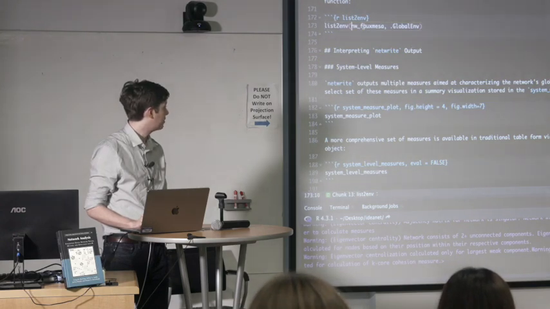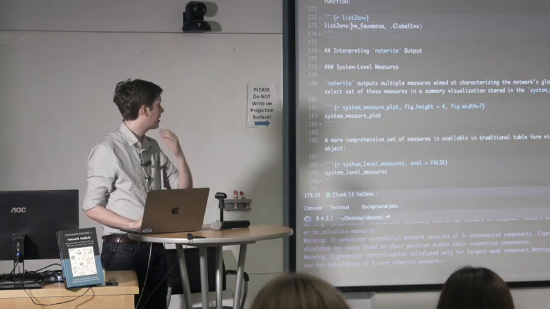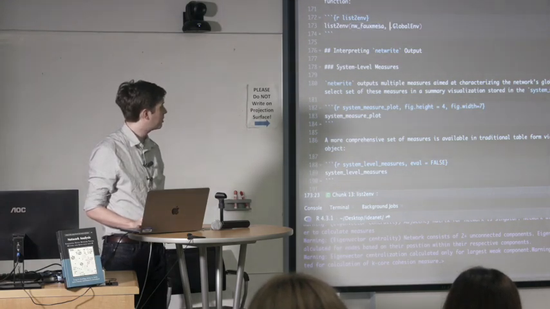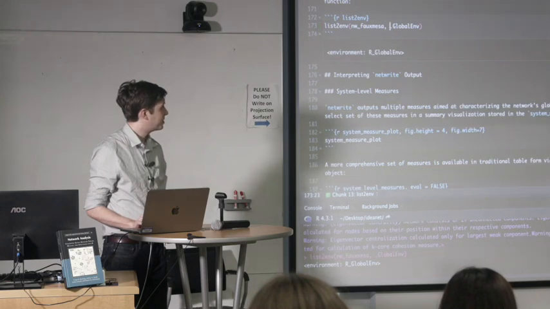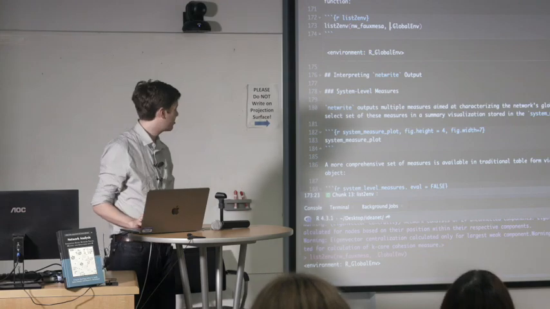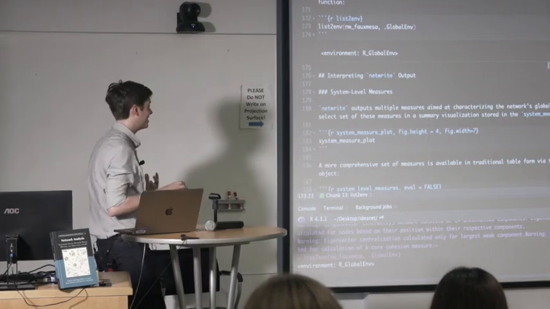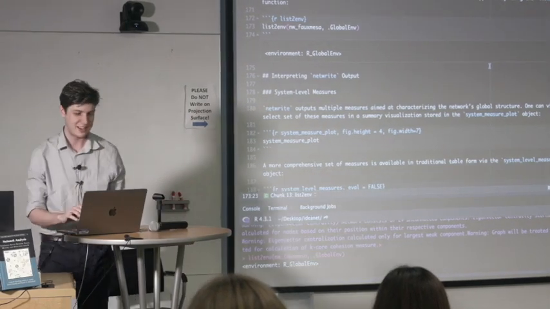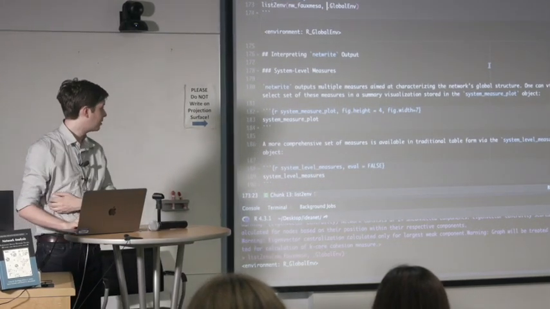In this case, we've called it NW for NetWrite and Faux Mesa, which is the high school network. And we're going to just split this up into the global environment. And so we can see the number of objects in our environment grew quite a bit. That's because NetWrite created a lot of things for us to look at right away. And let's go ahead and take a look at what it creates.